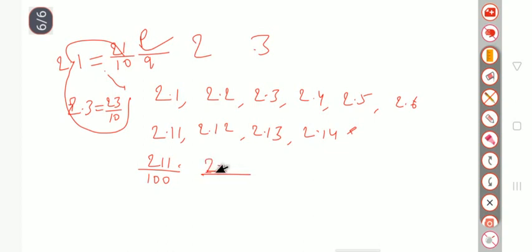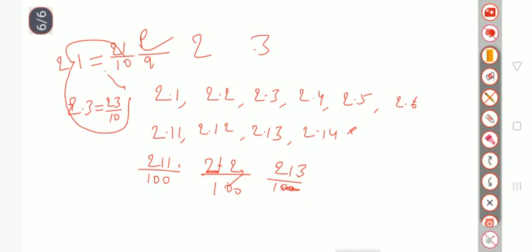We can write 2.12 as 212 divided by 100. Similarly, we can write 2.13 as 213 divided by 100. Okay, so these all are in the form of p by q. So we do not have to confuse. These all are rationals.